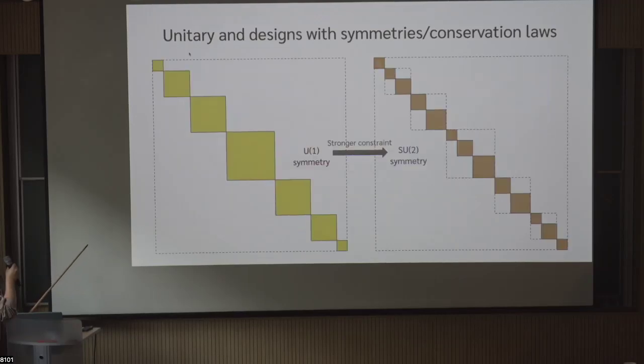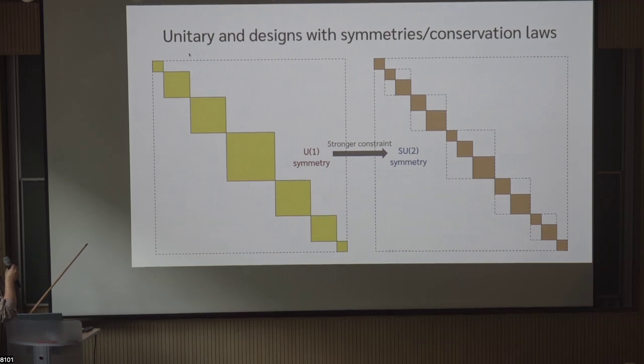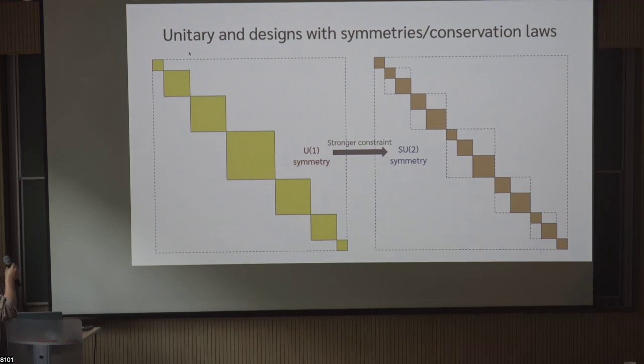Okay, so here is a demonstration of the restrictions on the structure of symmetric unitaries. For the U1 symmetry, it's very natural to imagine that the symmetric unitary has to take this block diagonal form.